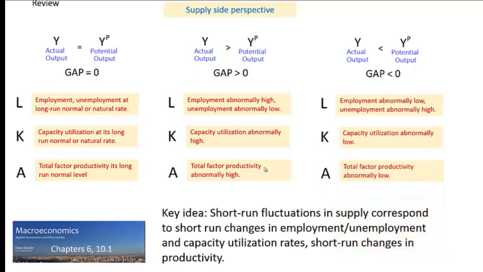What happens when actual output falls below potential? That is to say, the output gap decreases. In this case, the employment rate is abnormally low, or the unemployment rate is abnormally high, as more workers than normal choose to opt out of working, perhaps because wages are lower than usual, or other options become more attractive.